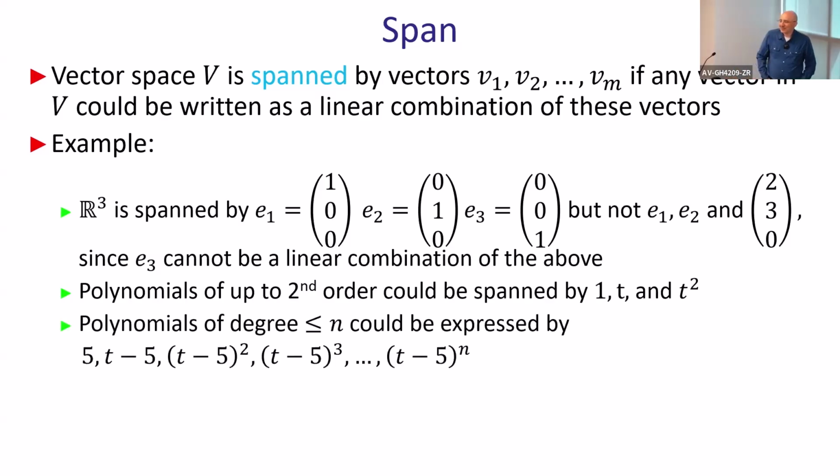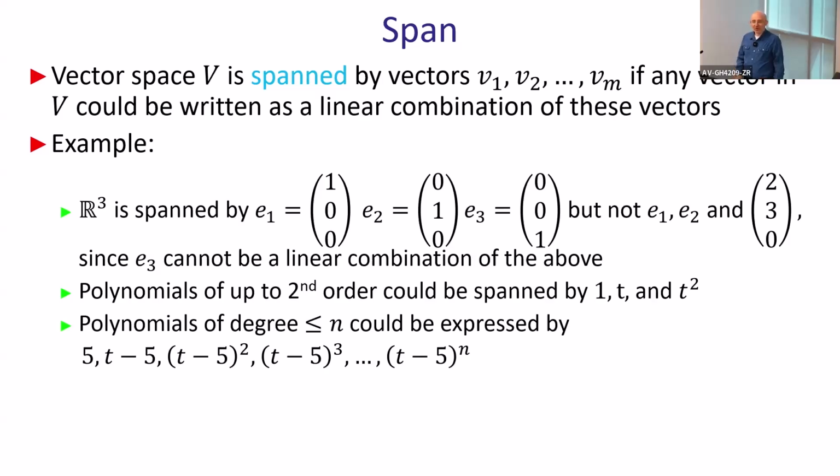How about that? So any polynomial up to degree n could be written using 1, t minus 5, t minus 5 squared, and so on. And by the way, 5 is just a random number. You can choose any other number if you want. Like it could be 1, t minus 1, t minus 1 squared, and you can use any other number. Okay, 5 is just an example. All right.